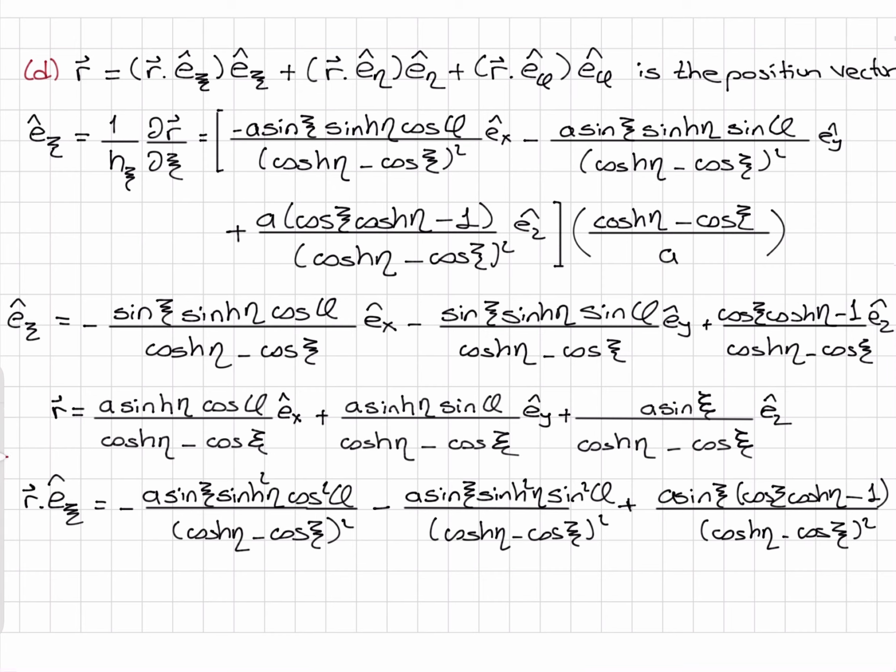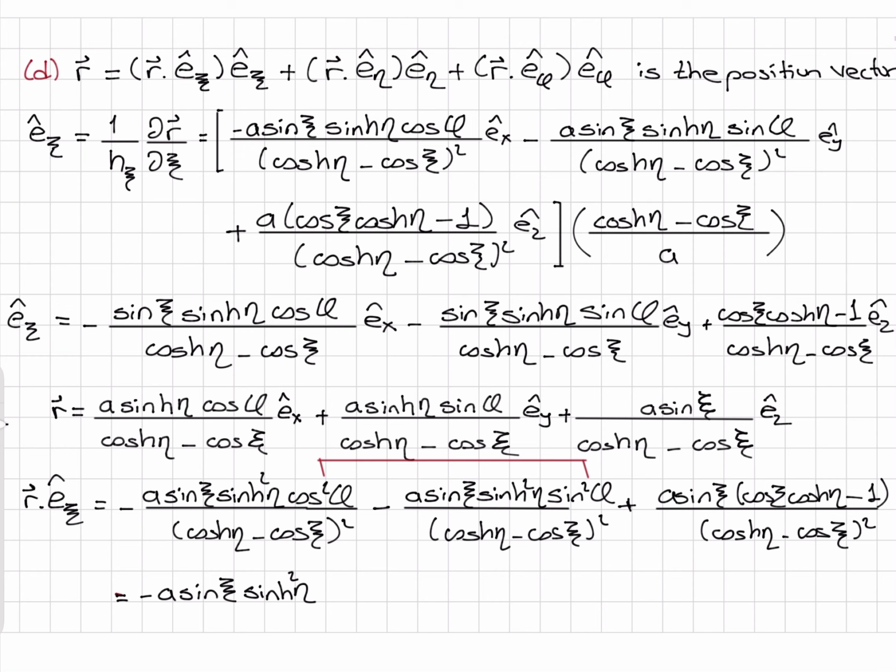Now you can see that here I have a cosine square phi and a sine square phi in this term. So it's the same thing multiplied by cosine square and sine square. So I'm going to have a simplification. So this will give me minus A sine psi sine hyperbolic eta squared.